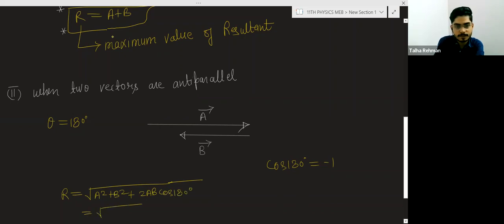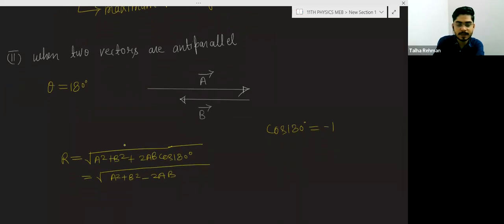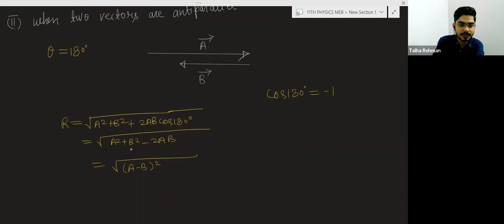Here you will have a square plus b square minus 2ab, which you can write as a minus b whole square. And finally you will get the resultant as a minus b.